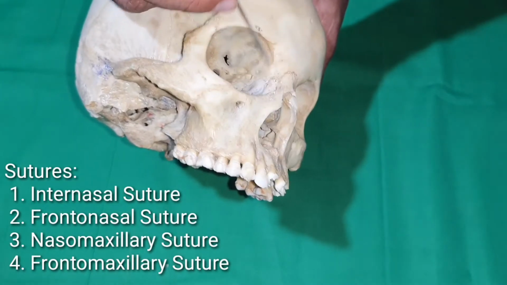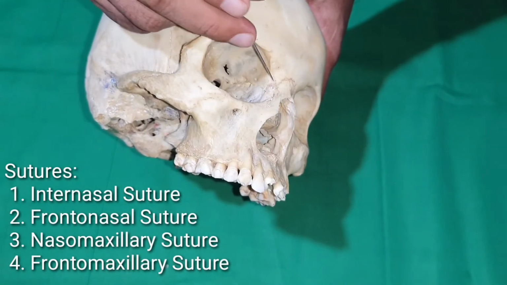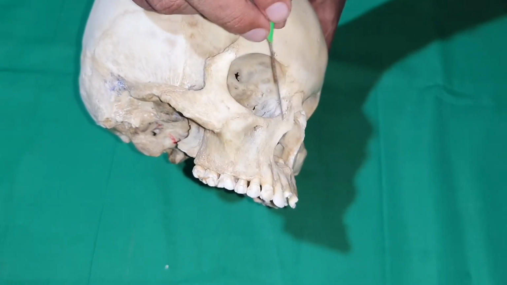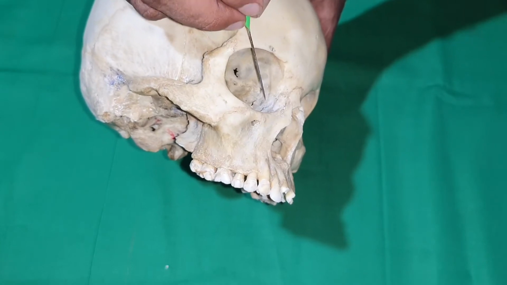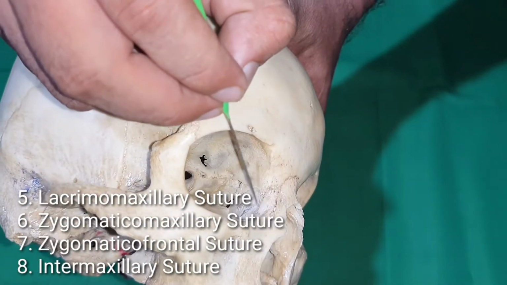Then between the maxilla and the frontal bone over here, you have the frontomaxillary suture. Behind this is the lacrimal bone. Between the maxilla and the lacrimal bone, you have the lacrimomaxillary suture over here.